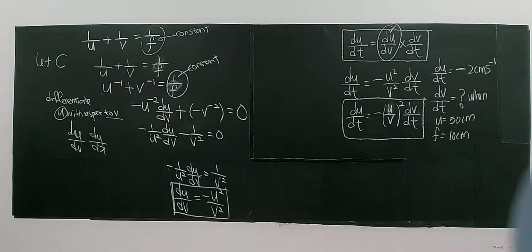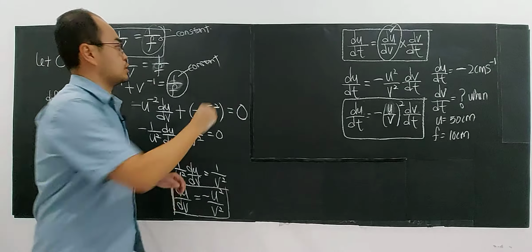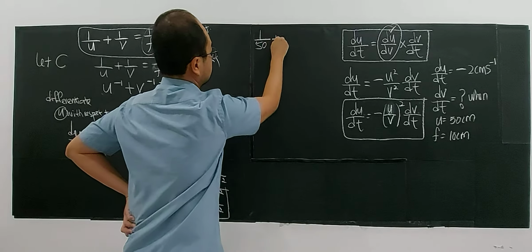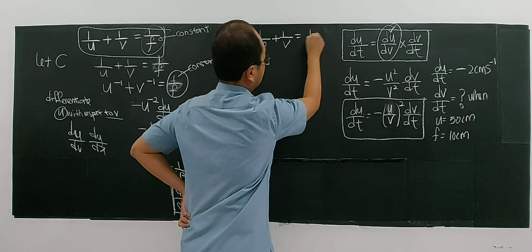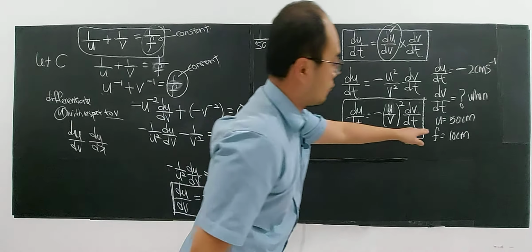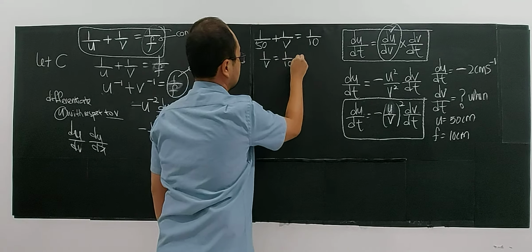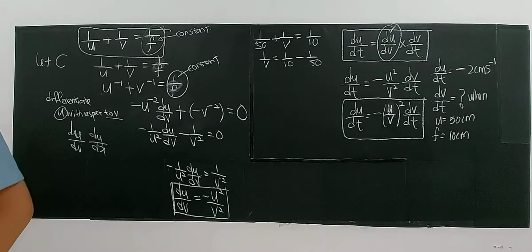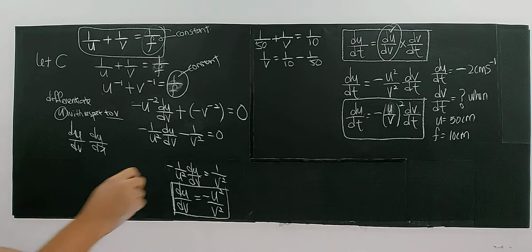All right. So now I'm going to get the value of v by this thin lens formula here, which is 1 over u, 50, plus 1 over v equals 1 over f, right? Your f is 10. So 1 over v will be 1 over 10 minus 1 over 50. So you are getting 1 over 10 minus 1 over 50, which will give you 2 over 25.